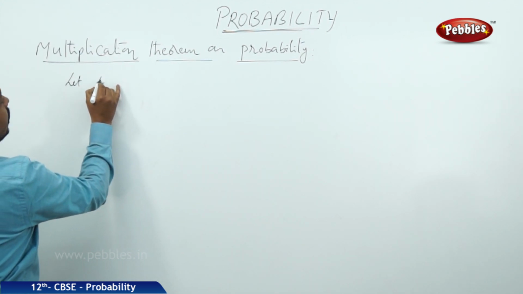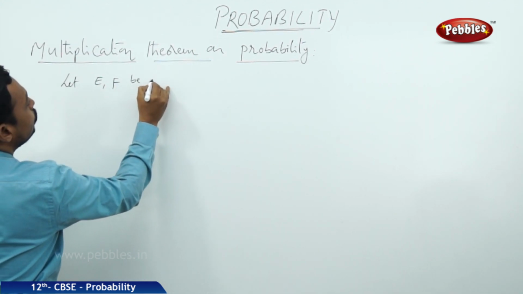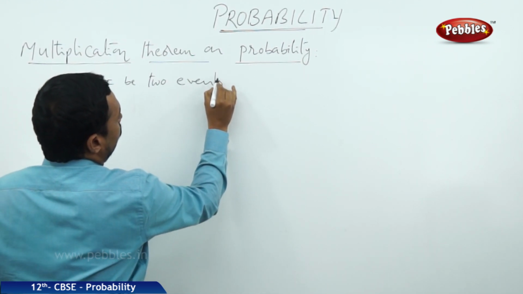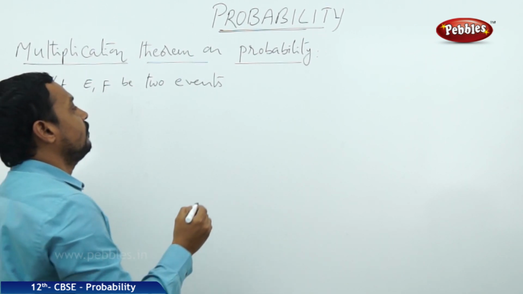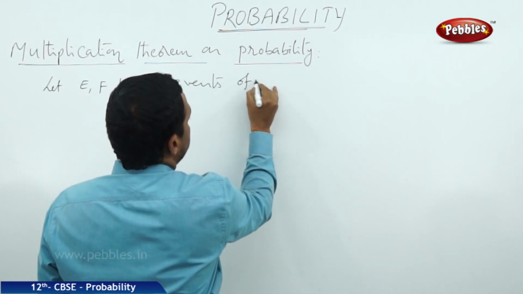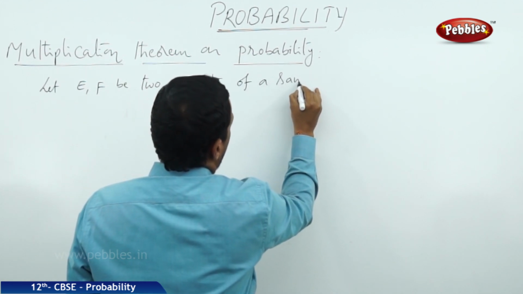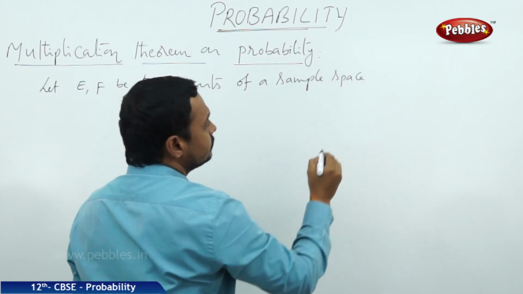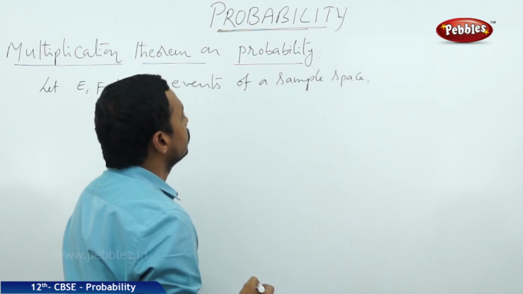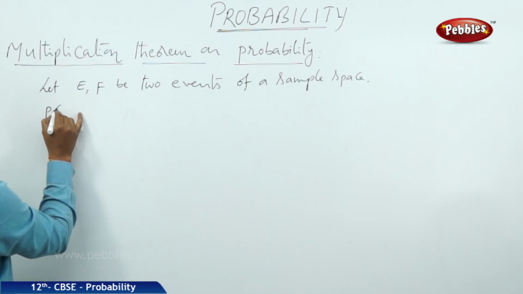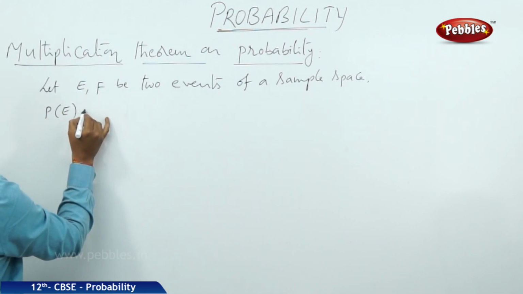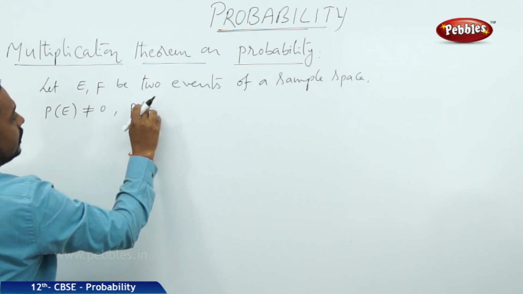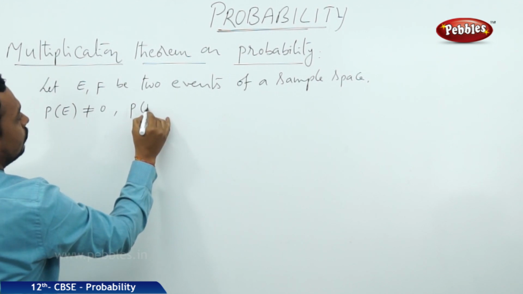Let E, F be two events of a sample space, and the probability of E is not equal to 0 and the probability of F is also not equal to 0.